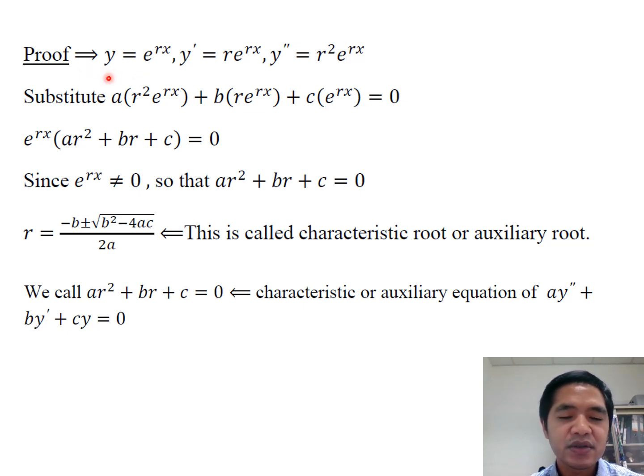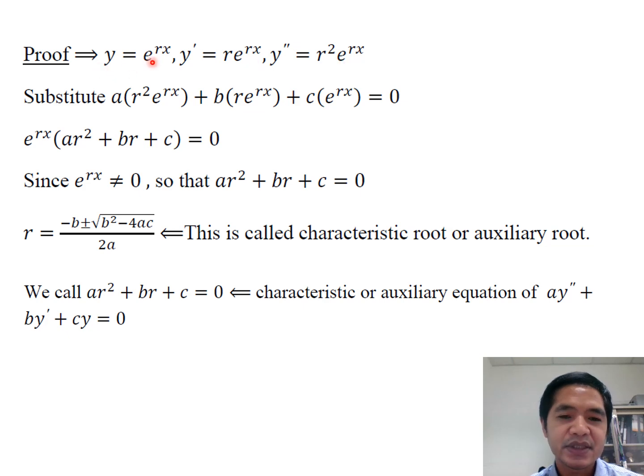If we think e to the rx is the answer for the equation, then we have to show it. That means the solution is y equal to e to the rx. If we do the first derivative, we get r times e to the rx, and the second derivative of e to the rx gives r squared times e to the rx.